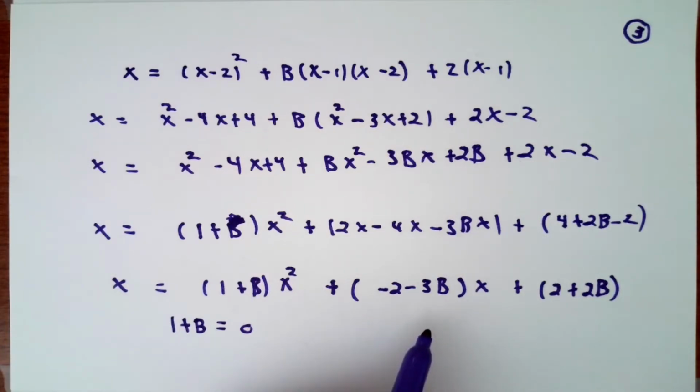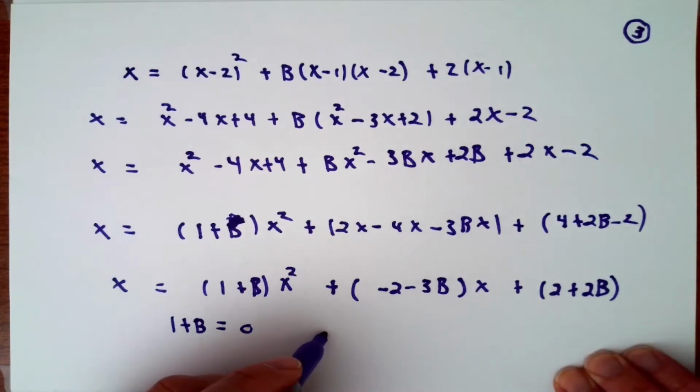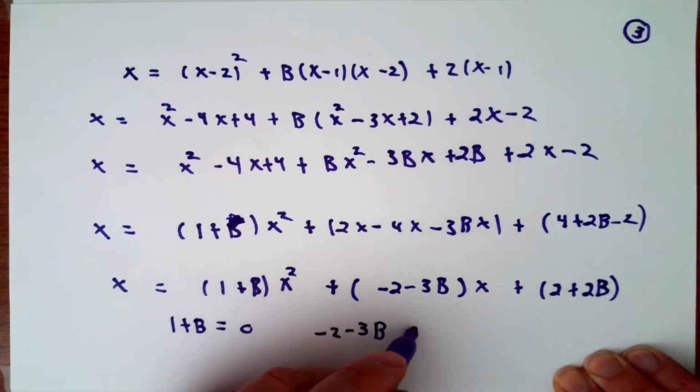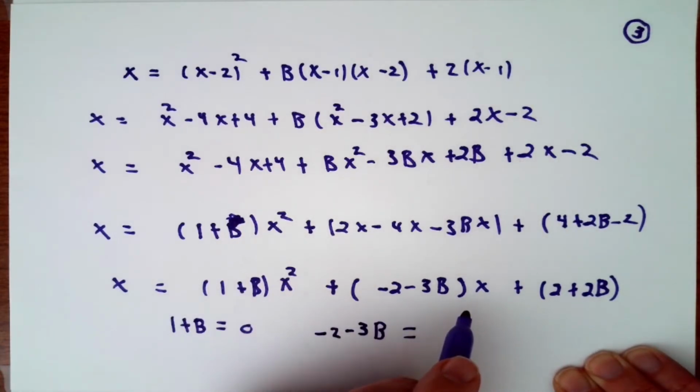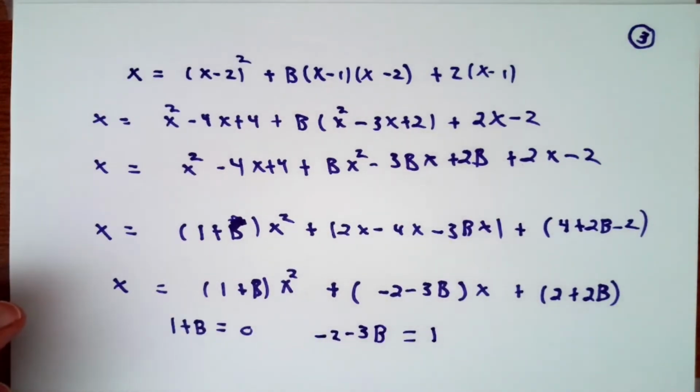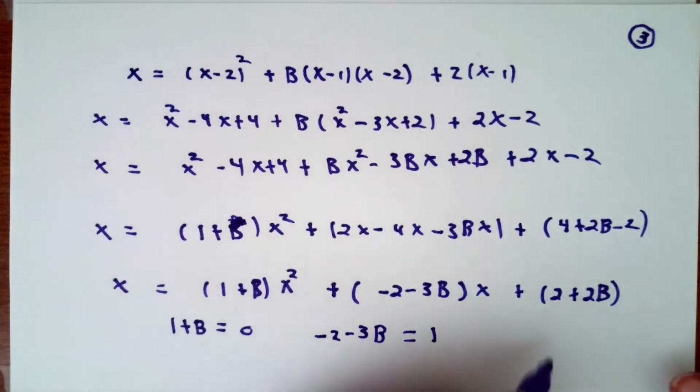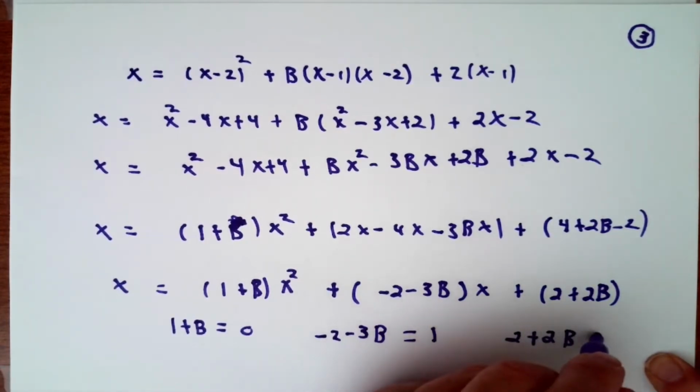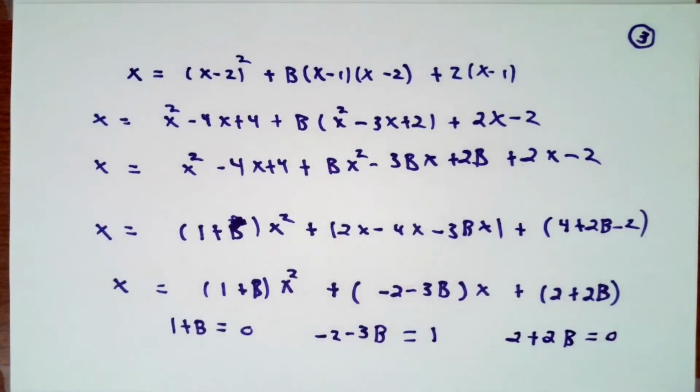Negative 2 minus 3B must be 1, otherwise the coefficients of those terms won't match. There is no constant term over on the left. The constant term on the right is 2 plus 2B. That number must be 0 if the left-hand side and the right-hand side are always supposed to be the same thing. Potentially, there could be a conflict here.